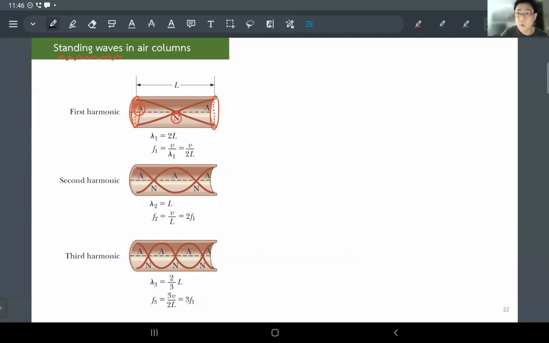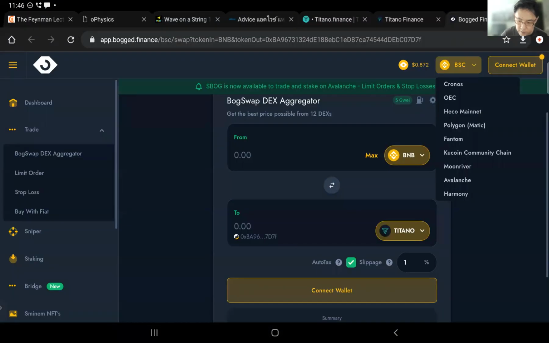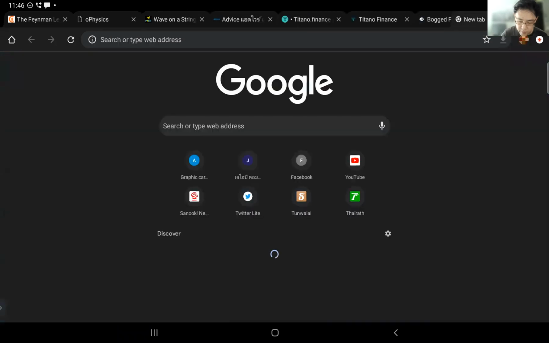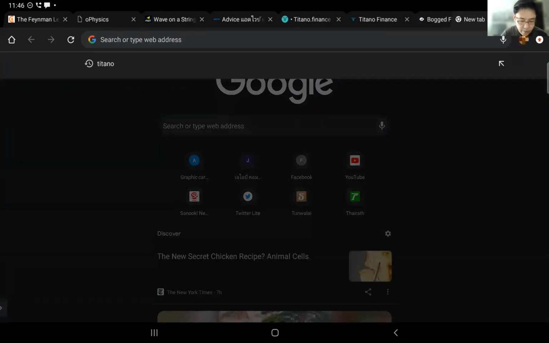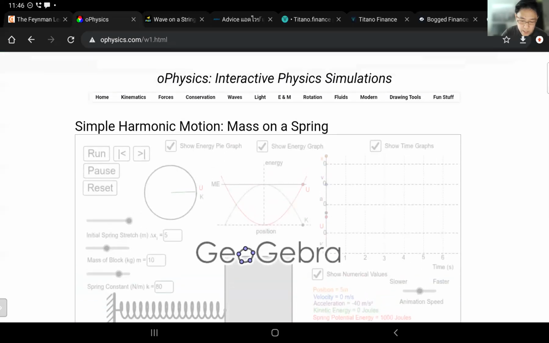Let me show you what I mean. I'll pop it up on my computer. So what you have here is the website All Physics. This is a good website as well, with so many interactive physics things that you can check out.